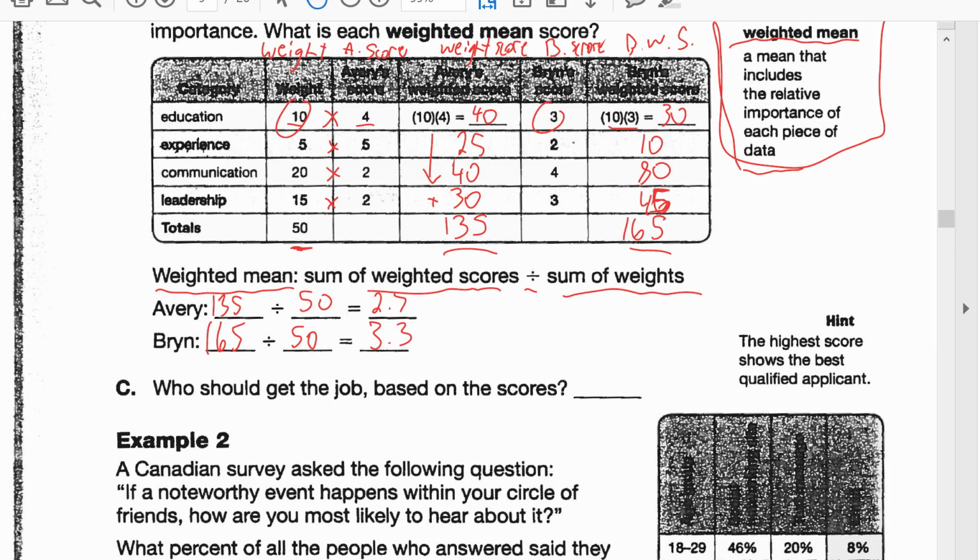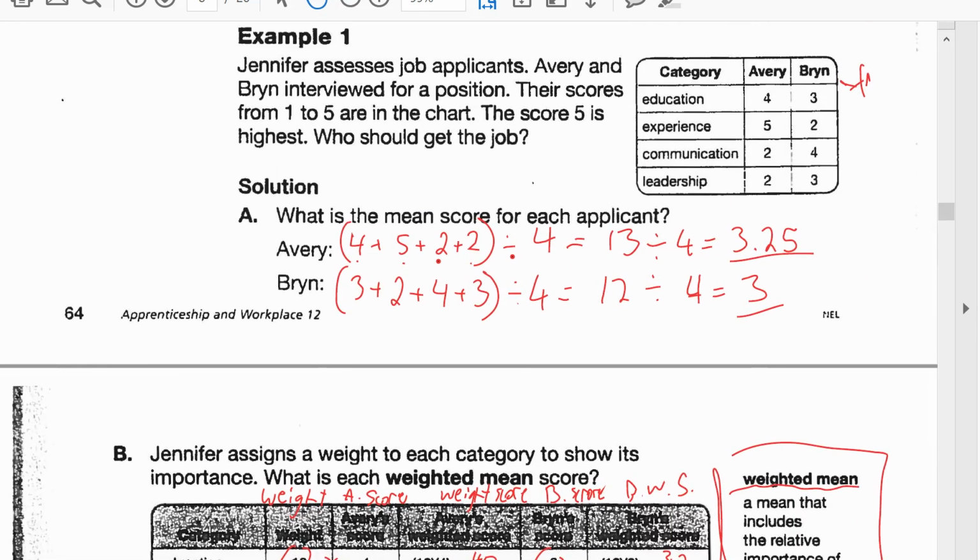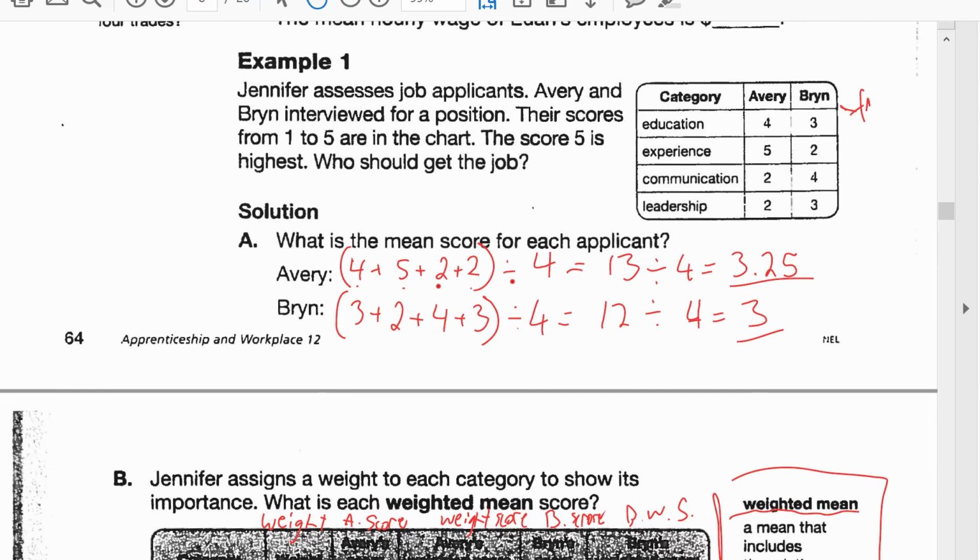Who should get the job based on the scores? Hint, the highest score shows the best qualified applicant. Well, highest score is Bryn. So we're going to write Bryn. So she got 3.3 for the weighted, but over here, she got 3 for the mean score.